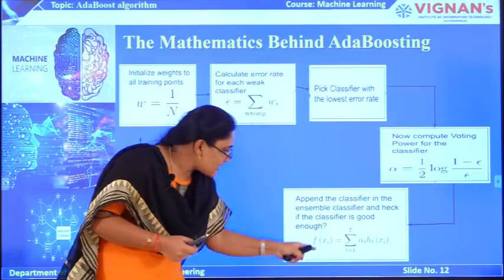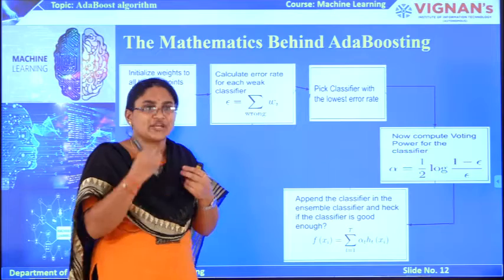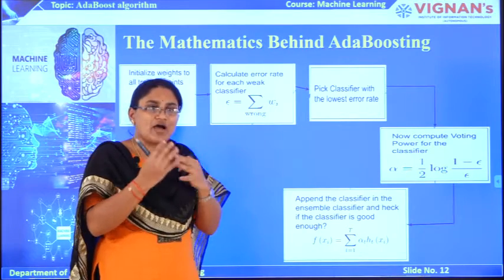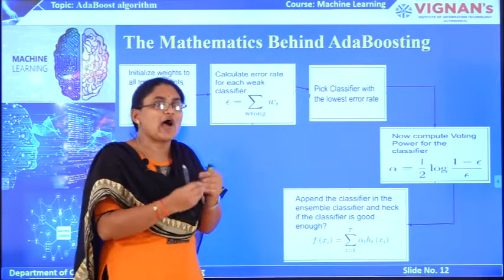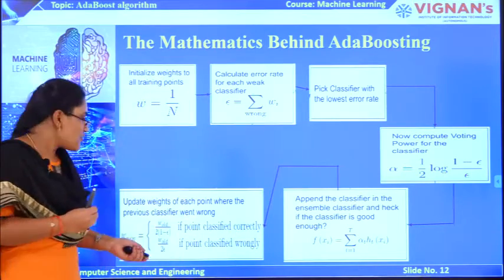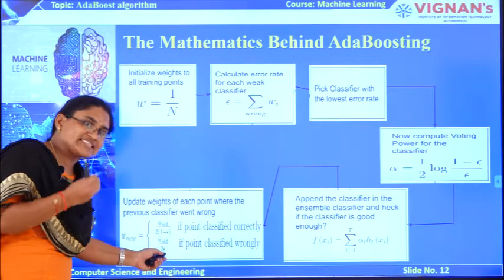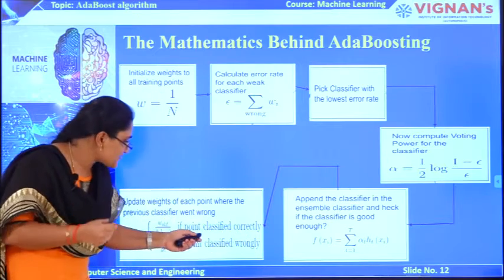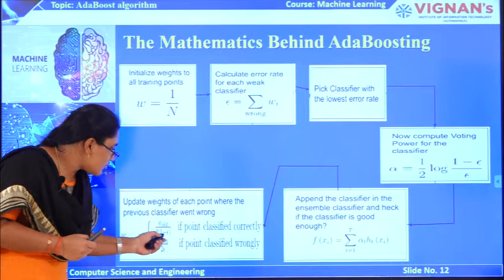Here the ensemble function asks itself whether this many collected weak classifiers are enough for building my strong classifier or not. If they are not enough, then the ensemble function repeats all these steps by updating the weights of misclassified data points. If the data stump classifies the points correctly, we use the formula W old by 2 into (1 minus epsilon).